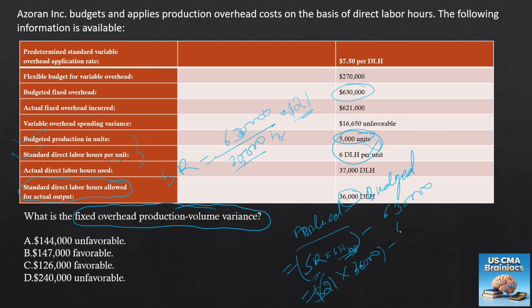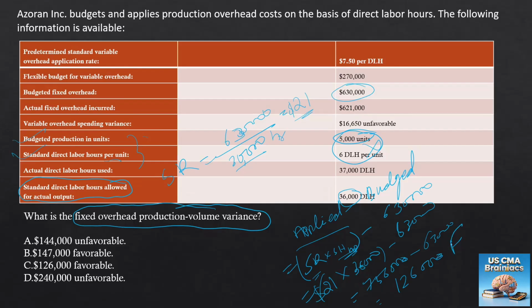This comes to 756,000. 756,000 minus 630,000, then you get 126,000 favorable.